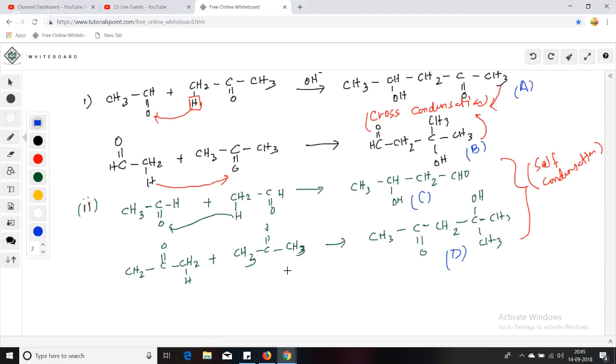The percentage of A is maximum over here, then the percentage of C, then the percentage of B, and in the last the percentage of D. Why are we getting this order? Can you think on this, or explain why we are getting this particular order: A greater than C greater than B greater than D?